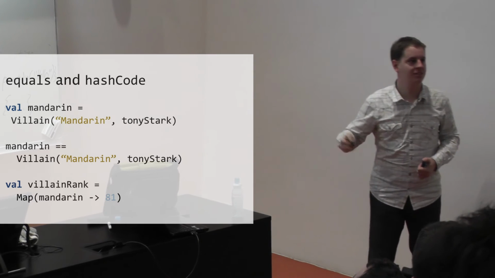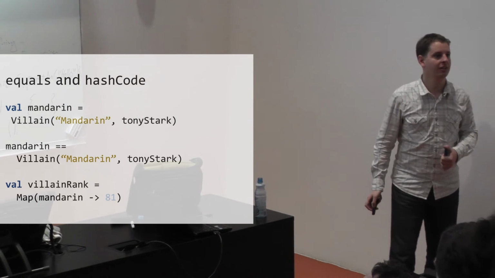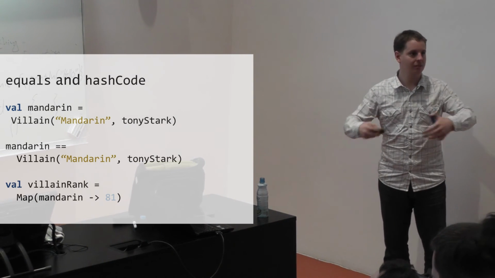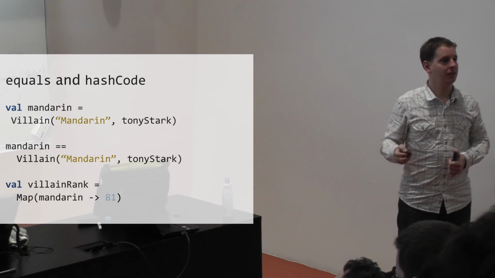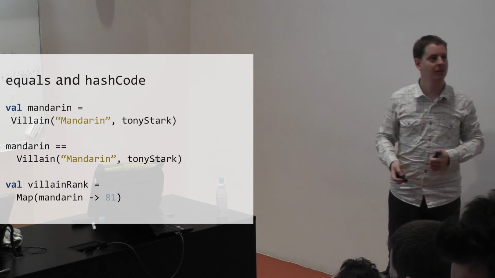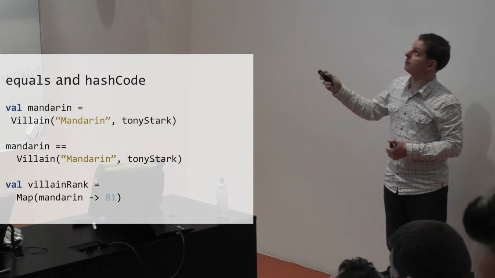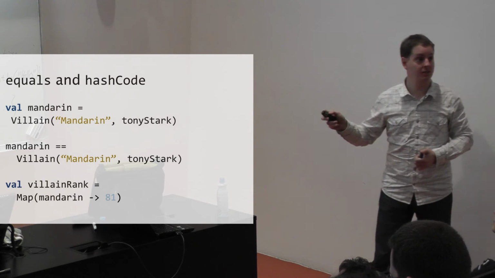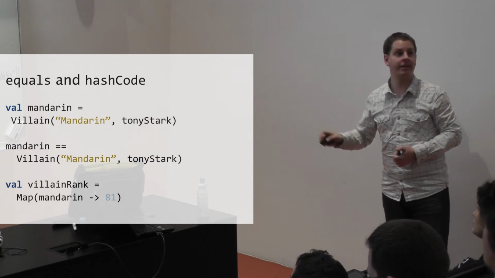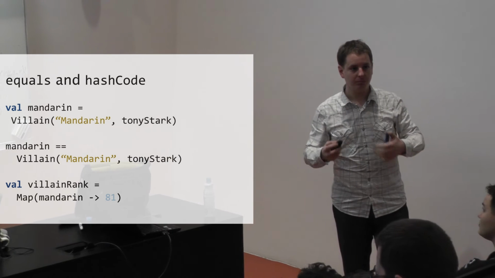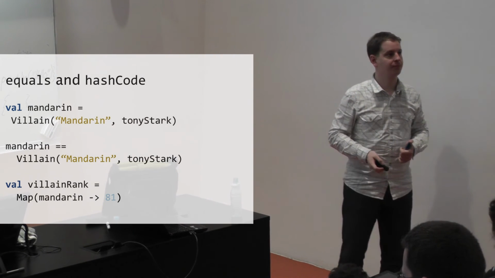It's still the same one, the same Mandarin who hates Tony Stark. And yes, in the heap there are 2 Mandarins, but they are equal in the notion of the equals method. And there is also a hash code which is consistent with the equals, so you are free to use it, for example, as a key in the maps, and it will work.